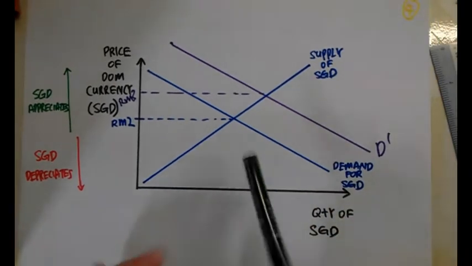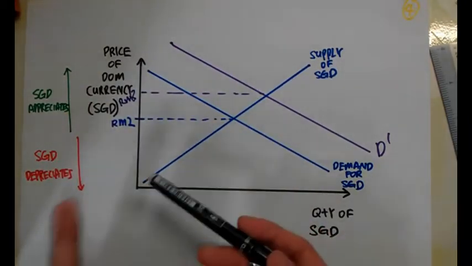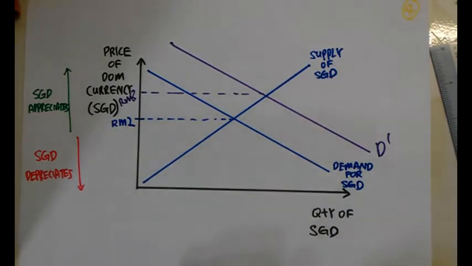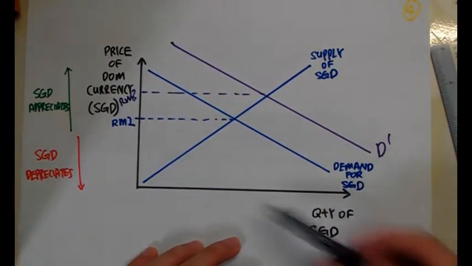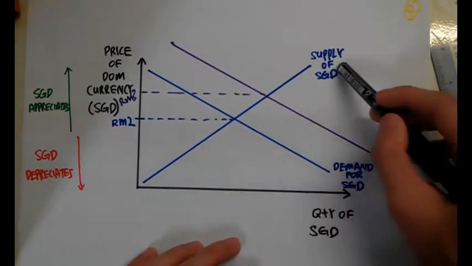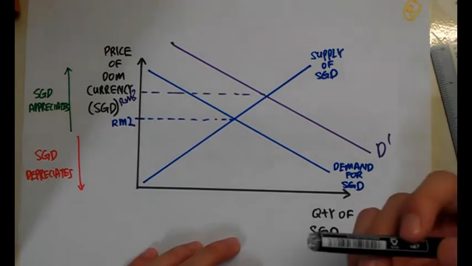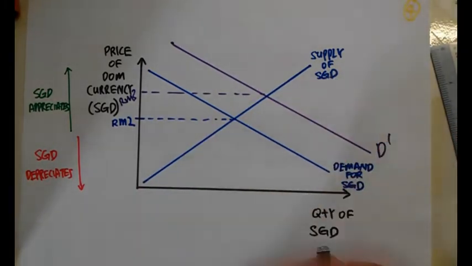On the y-axis, I have the price of the domestic currency, which is the Singapore dollar, and on the x-axis the quantity of Singapore dollars in the world. Initially I've got this demand for my Sing dollar over here, a downward sloping line, and the supply of Singapore dollar over here. The initial equilibrium has brought the exchange rate to 2 ringgit per 1 Singapore dollar.